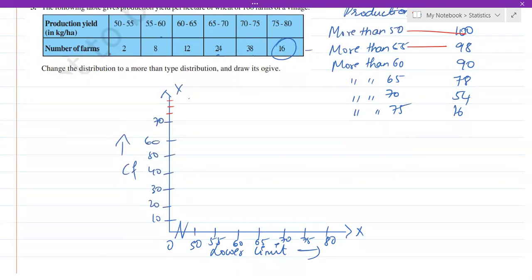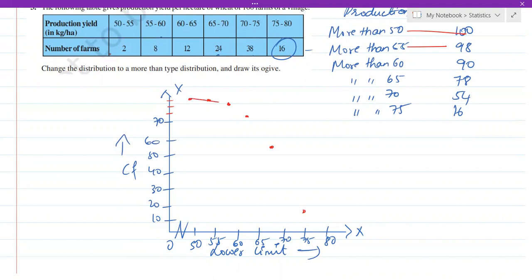Then 60, and it is 90. 65 and 78, somewhere here. Roughly, I'm just plotting it. So 70 and 54, somewhere here, and 75 and 16. Okay, 10 to 20, right? So it will be somewhere here.